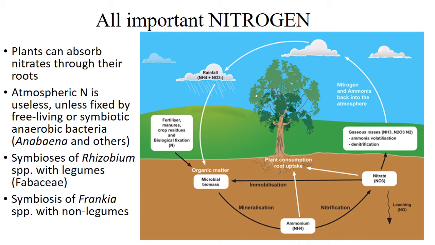So some of those nitrogen-fixing bacteria are free living in soil, like those from the genus Anabaena. These are really important, for example, in fixing nitrogen in rice paddies. But plants also form symbioses with nitrogen-fixing bacteria, like legume plants form symbioses with rhizobium bacteria. And some other non-legume plants form symbioses with Frankia bacteria.